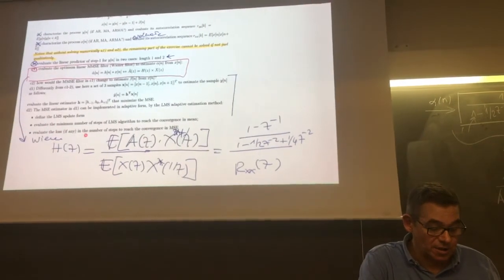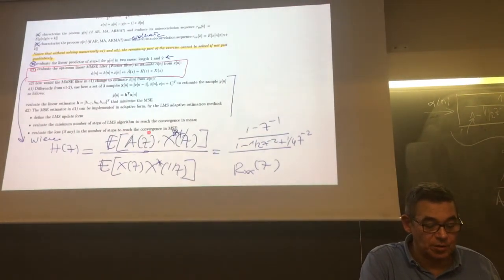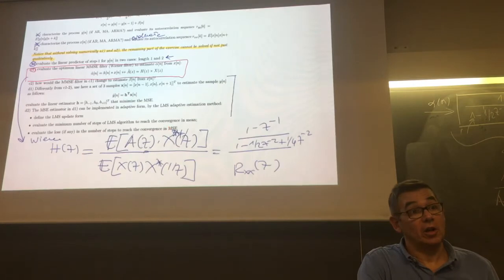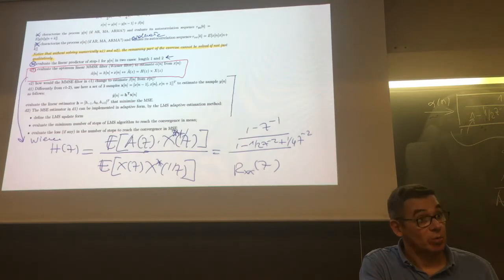Evaluate the loss, if any, in the number of steps to reach convergence of the mean square error. This means that to make the mean square error converge, the mu step is smaller. Since it's smaller, the convergence is slower.